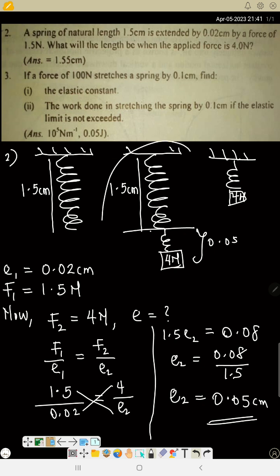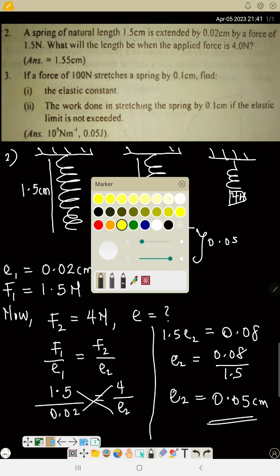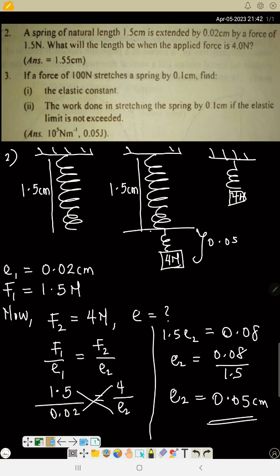So the new length of that spring now, what will the length be? The length is now 1.5, that is the original length, plus the extension, that will give us the new length because the spring will stretch, plus 0.05.